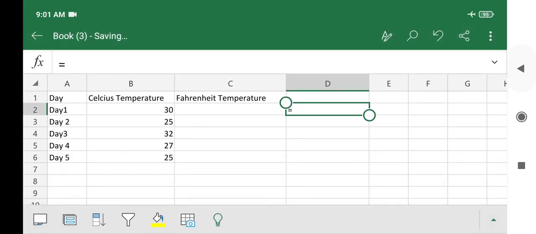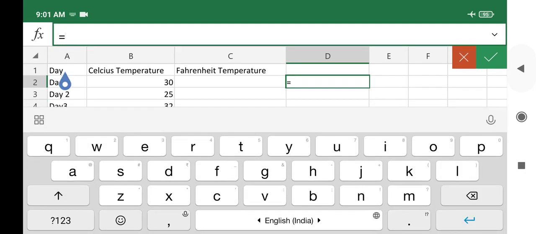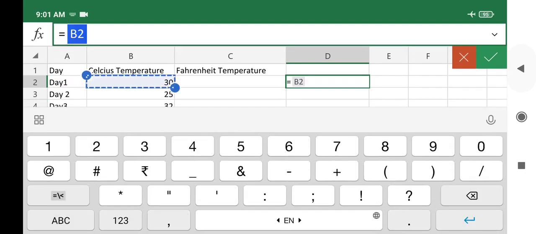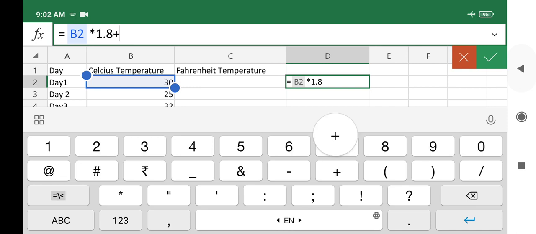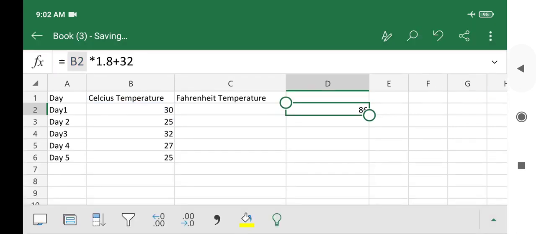Click on it, then choose the Celsius temperature. Then go for the multiplication symbol, and then 1.8. Manually we have to write 1.8. Then we write plus 32. So 86 is our value.